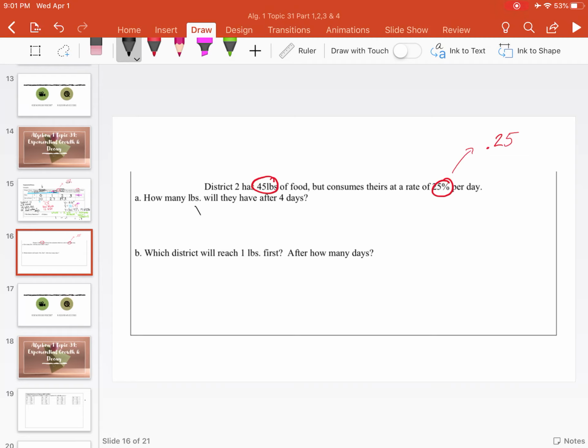So if we were to rewrite our equation, we get y equals a times b to the x. Now our y-intercept, our initial starting value, is our 45. So we get y equals 45. Now our multiplier here, we want to take our whole, subtract 0.25.